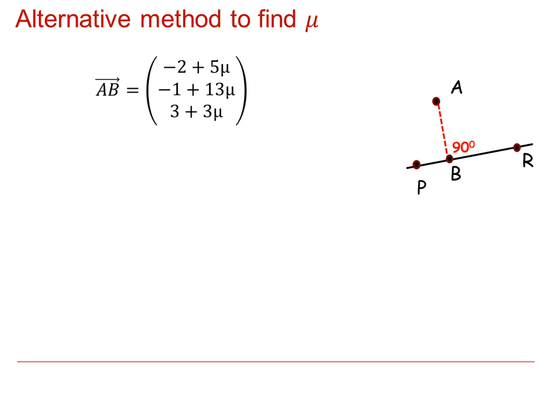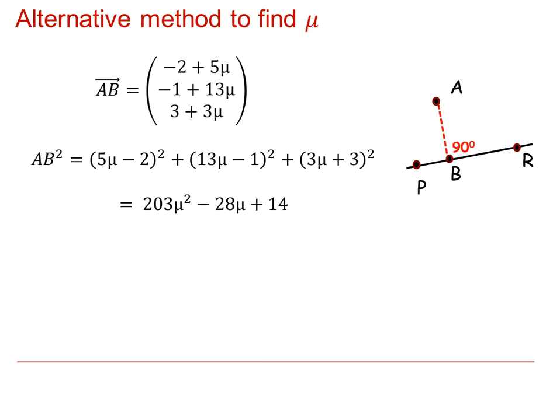So we could then work out an expression using Pythagoras' theorem for the square of the length of AB. If we do that, it's just squaring the values, and we can see that we get this expression: 203 mu squared minus 28 mu plus 14.